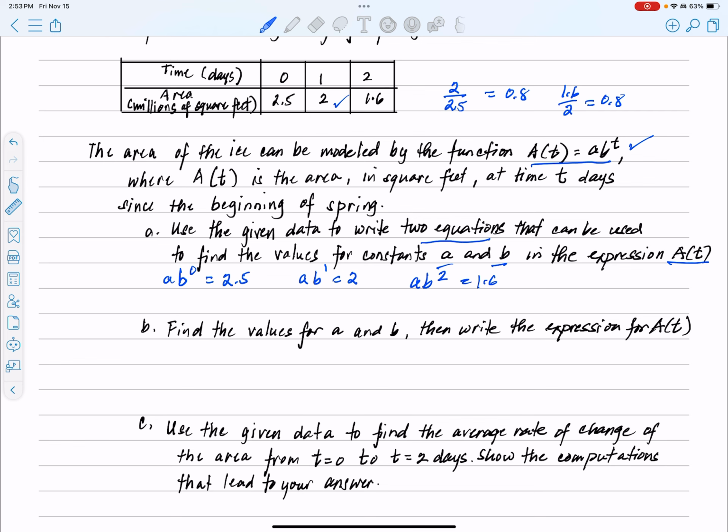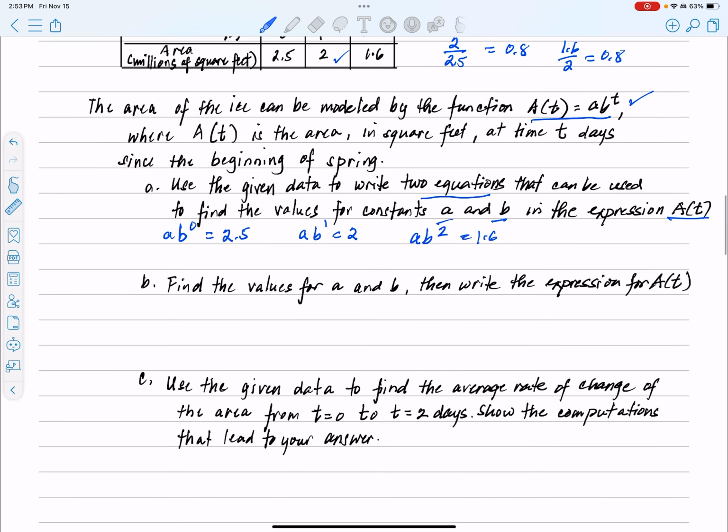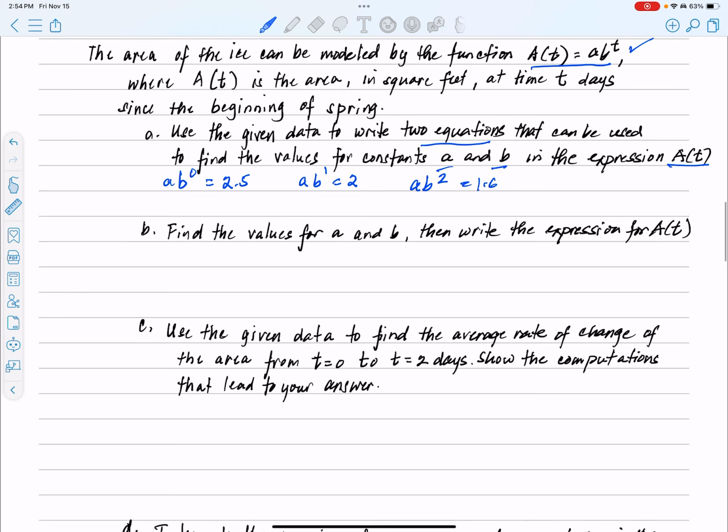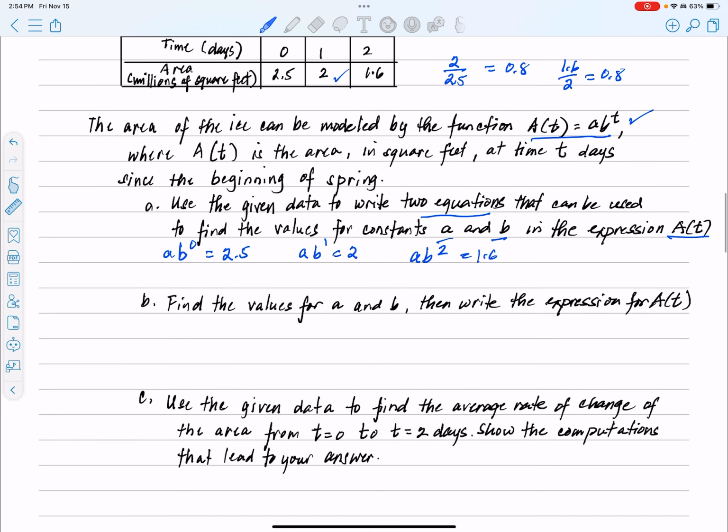Then we know the value of b. Let's say a is 2.5, since b is raised to the 0 power.